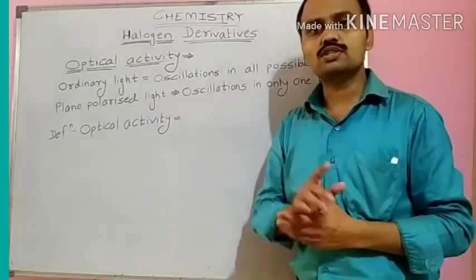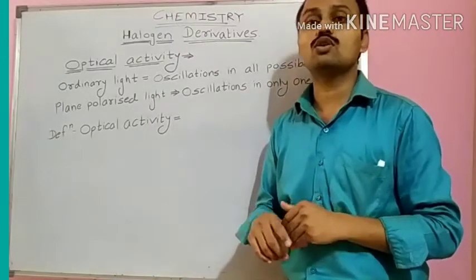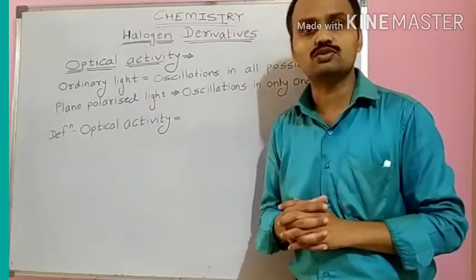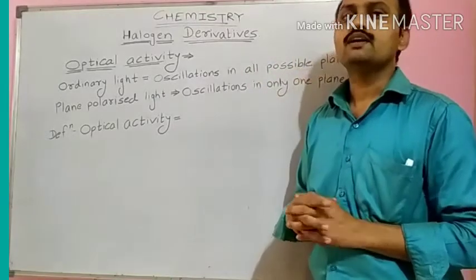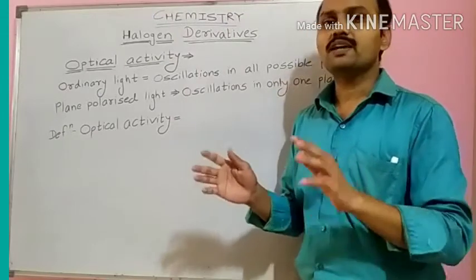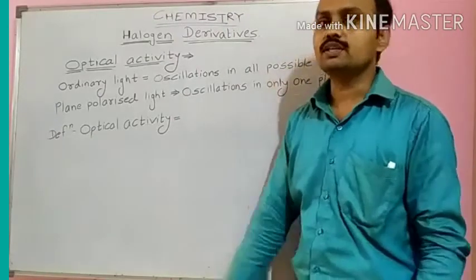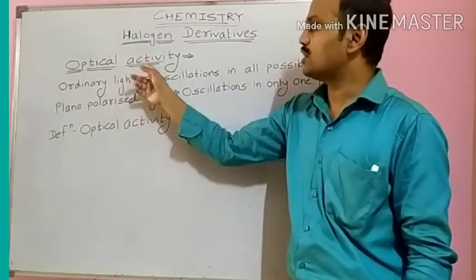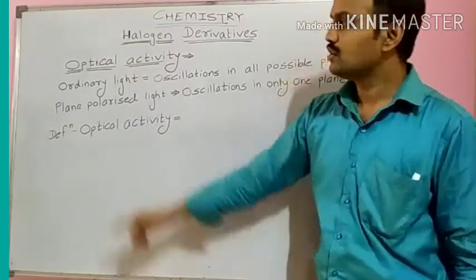We also discussed that optical isomers are non-superimposable mirror images of each other, and optical isomers differ from each other by a measurable property, and that measurable property is called optical activity.